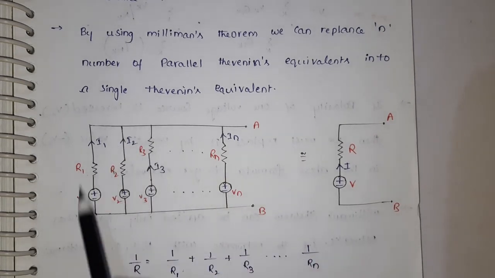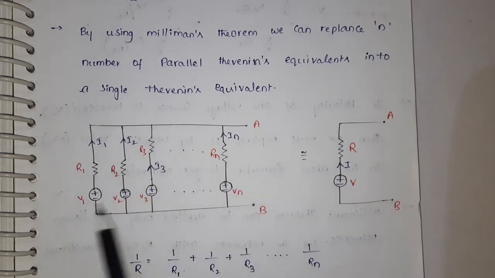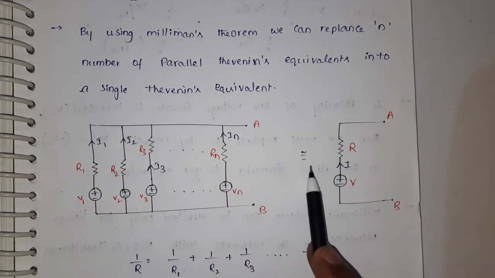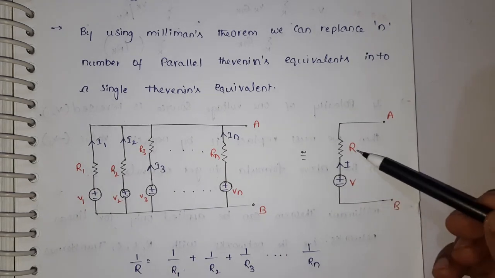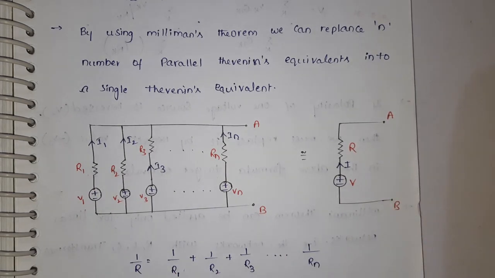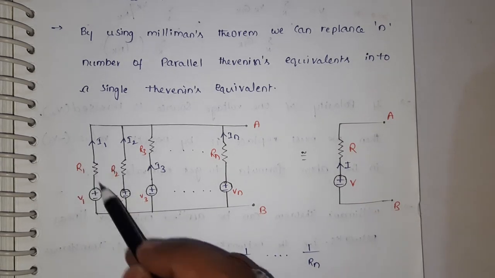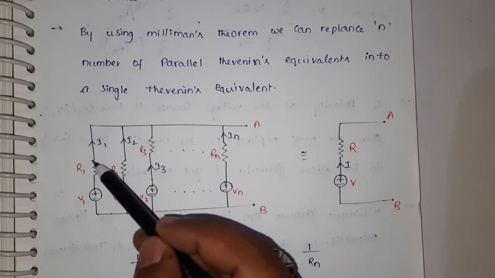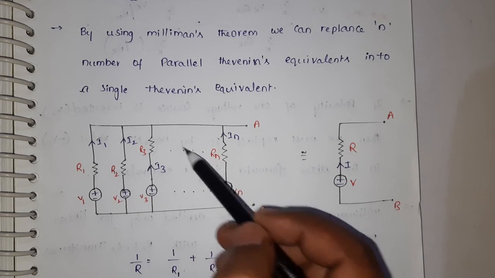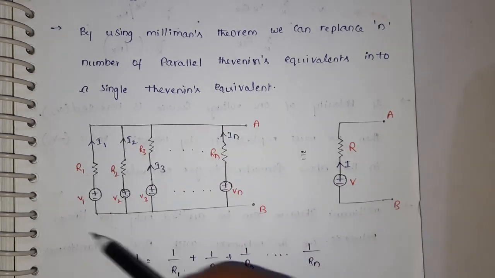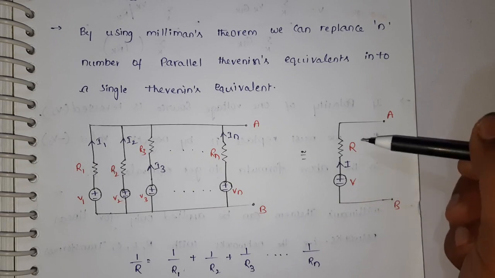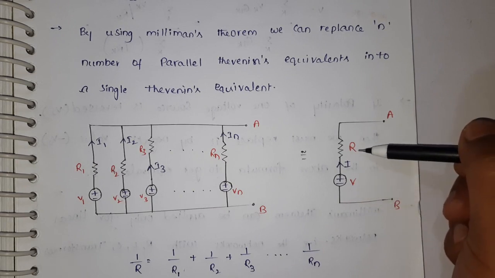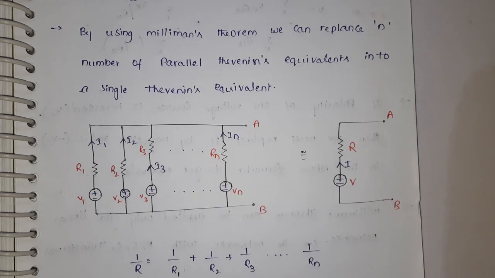So this entire circuit can be replaced by a single voltage source V in series with equivalent resistance R. Let us say these are individual generators, so this entire circuit can be replaced by a single generator in series with equivalent resistance R.